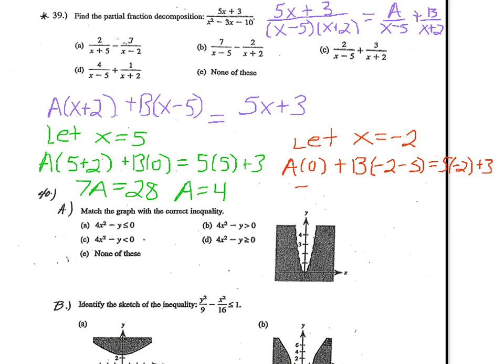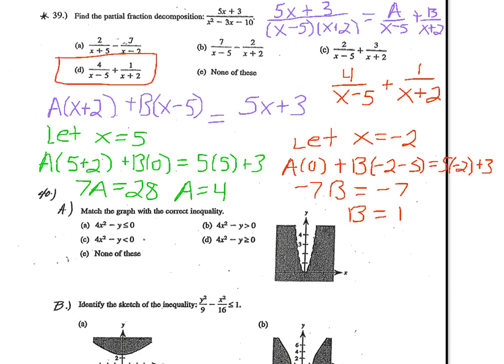So we have -7B equals -7, so B equals 1. And since the A is over (x minus 5), for our final answer, we will have 4 over (x minus 5). And the B is over (x plus 2), so we'll have 1 over (x plus 2). So our final answer is D.